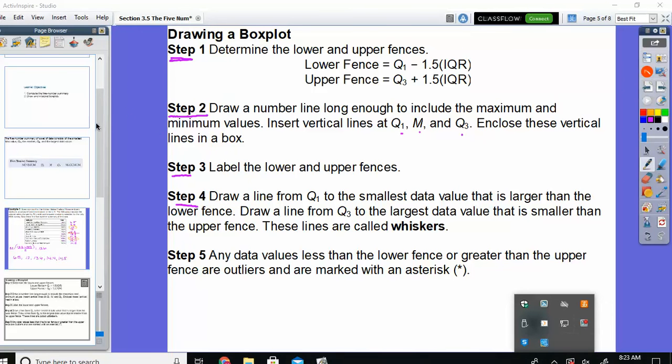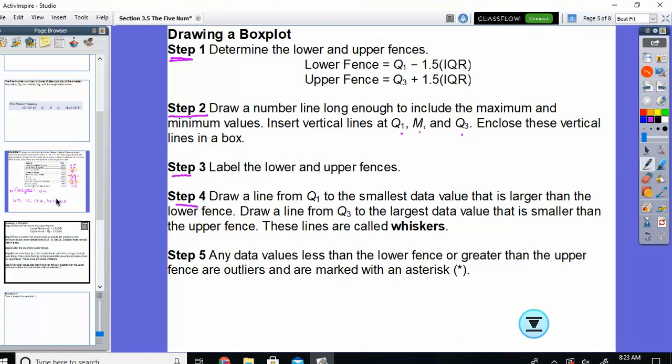I want to draw the box plot for this set of data that we already had. So when you do that, you have to start by finding your upper and lower fence so we know if we have any outliers. In finding your upper and lower fence, if you're looking at your formula sheet, we need to know the IQR. How do we get the IQR? Right, quartile 3 minus quartile 1.